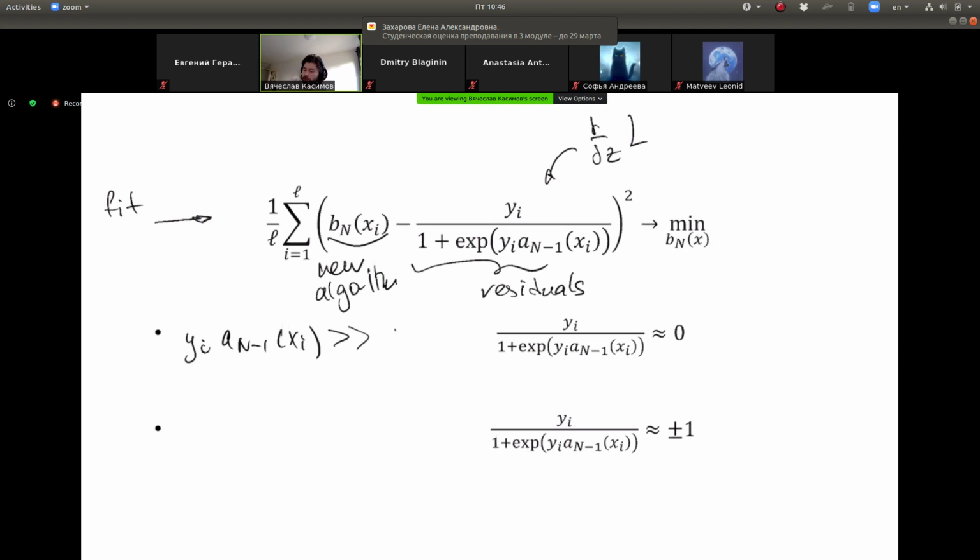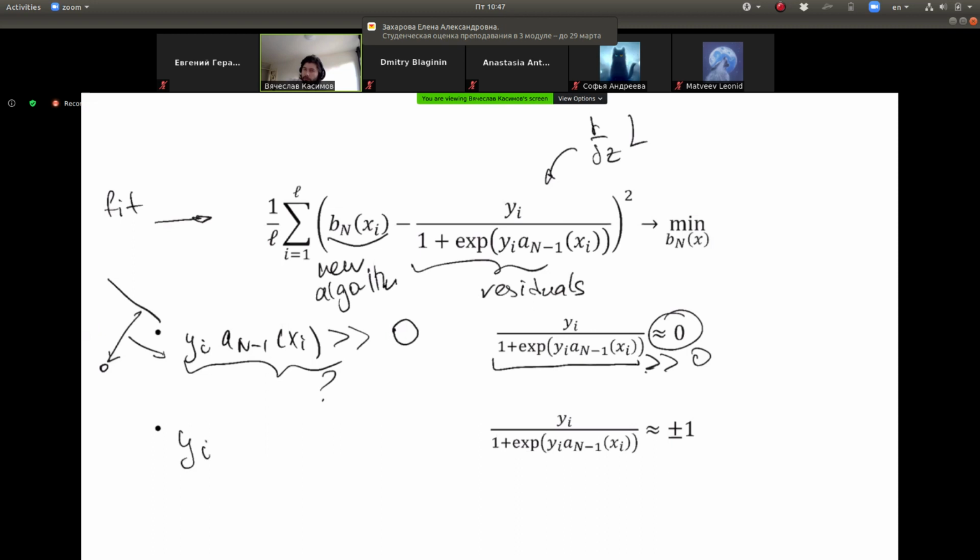If it's much greater than 0, then this whole thing is equal to 0. And is this okay for us? Yes, because this situation comes when we have a big positive margin, a point which has a big distance between it and the decision boundary.